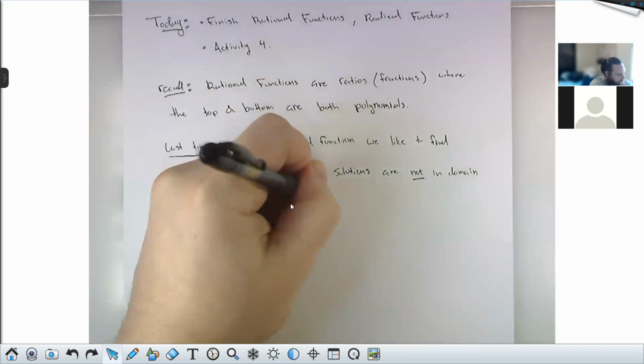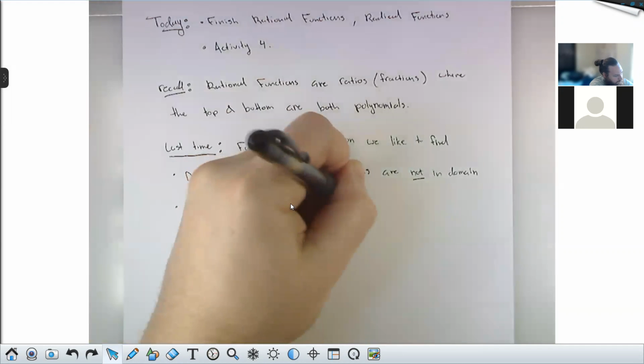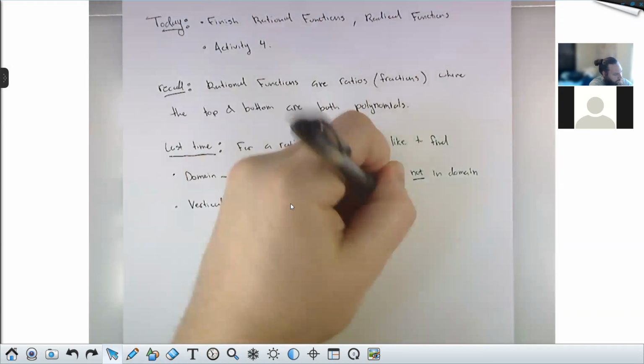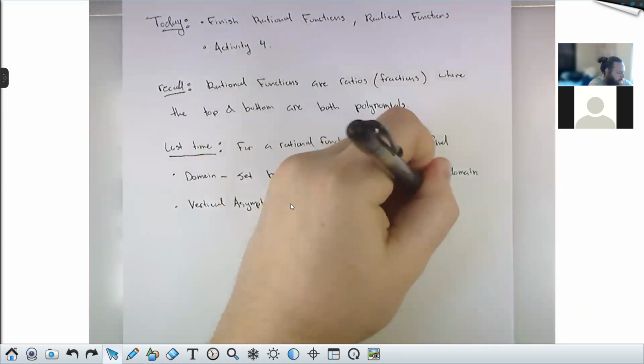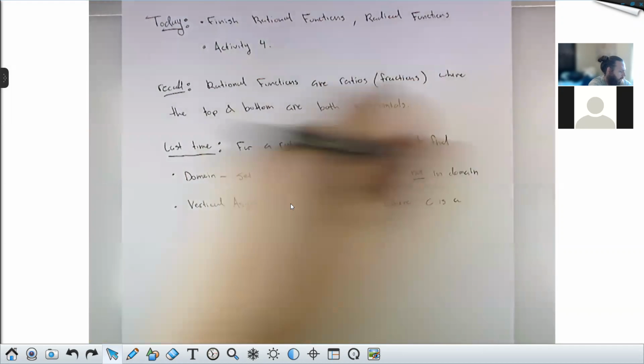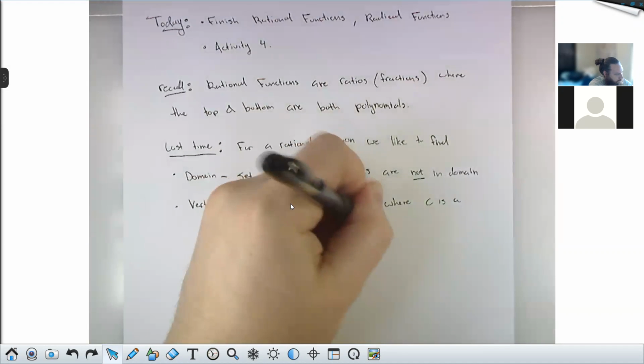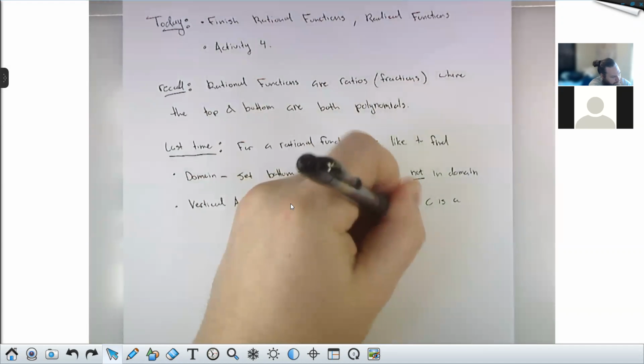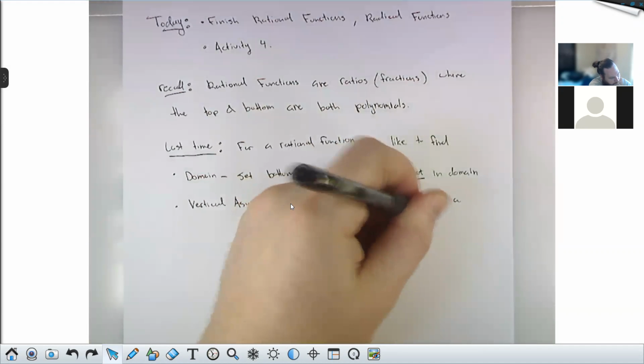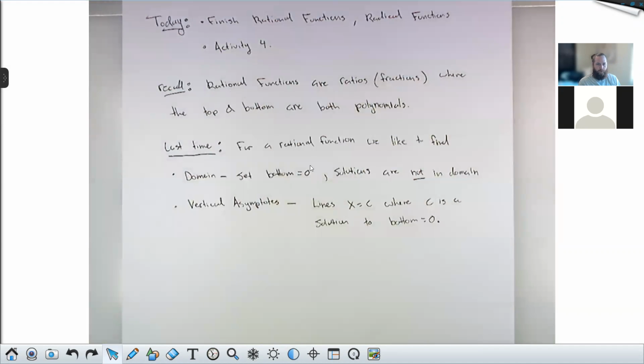These will be the lines x equals c, where c is a solution to the bottom equals 0. So in other words, those numbers that you found when you were looking for the domain, the solutions to the equation that you get when you set the bottom equal to 0, those are your vertical asymptotes.